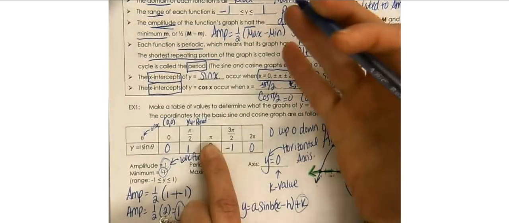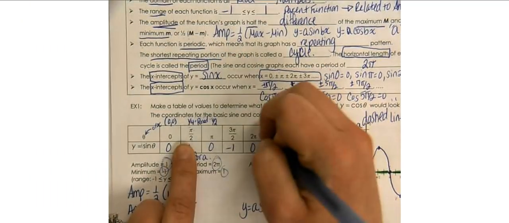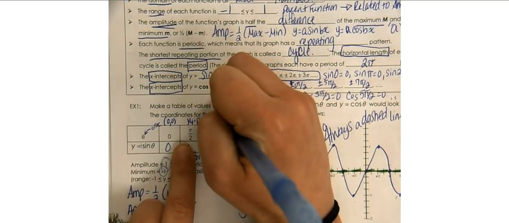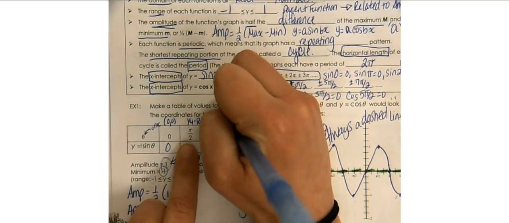In general, if we wanted to figure out what our period is for any type of problem, we're going to be learning about a formula on the next page. But because our period is 2 pi, 1/4 of 2 pi, a fourth of the entire circle, is pi over 2. 1/2 of 2 pi is equal to pi.